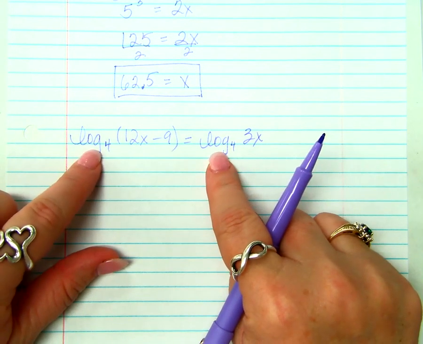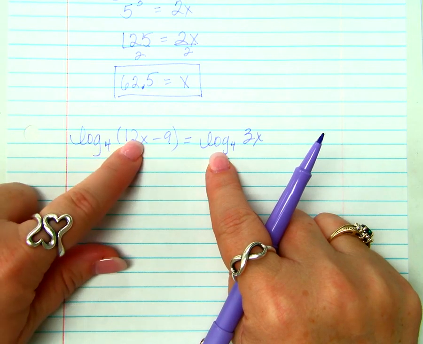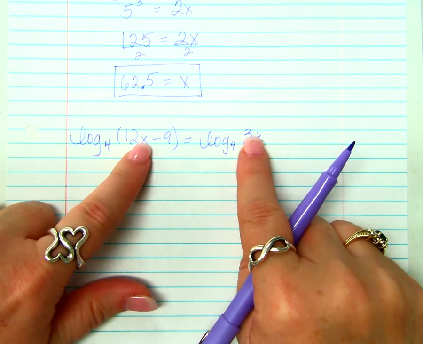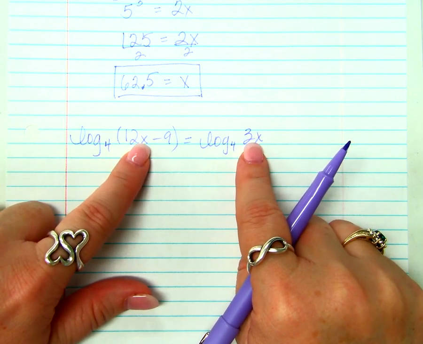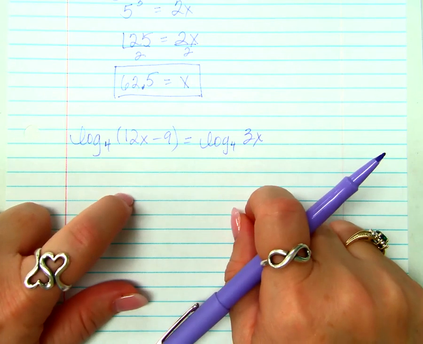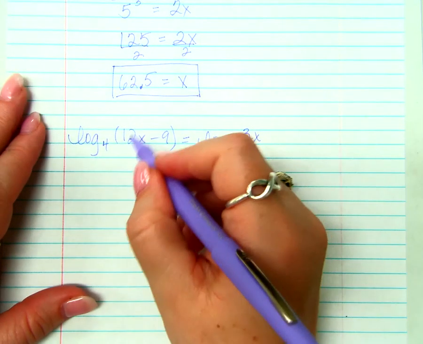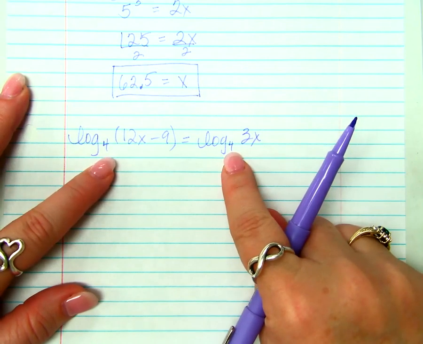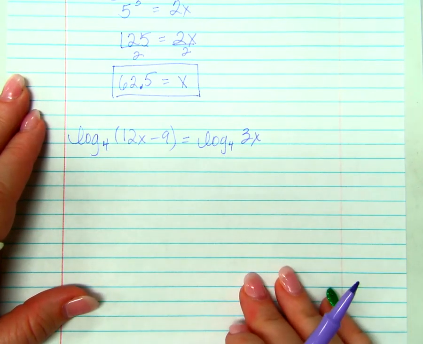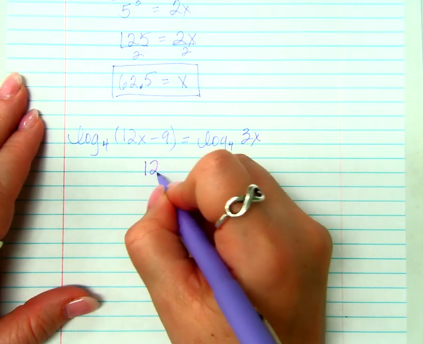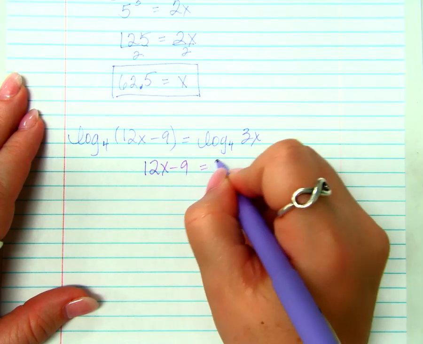Yeah, if the log of this has to equal the log of this, don't these two have to equal each other? Do we even have to do logarithms on this problem? No, we just have to know enough about logarithms that the arguments of the two logs with the same base have to be the same, don't they? So I can just say 12x minus 9 equals 3x.